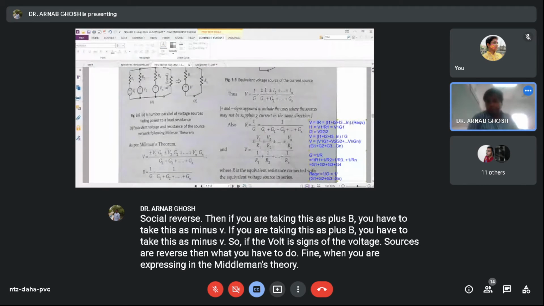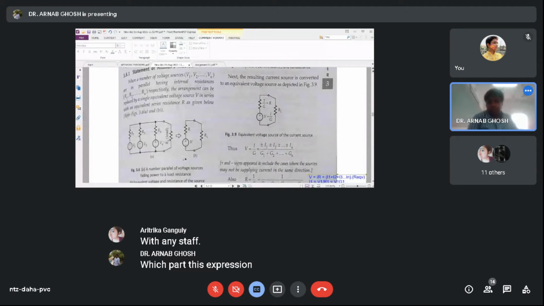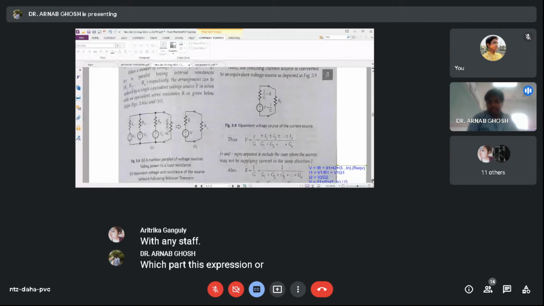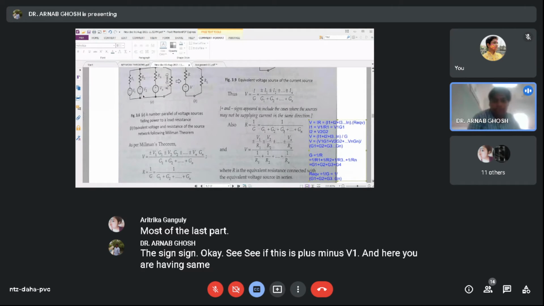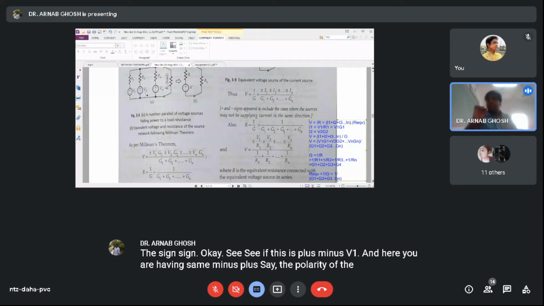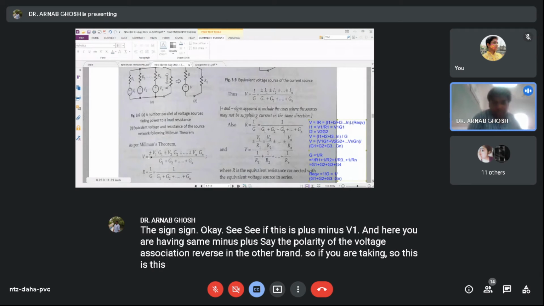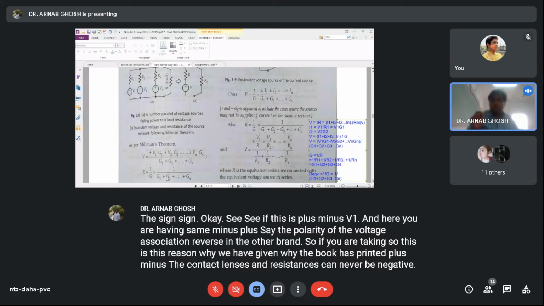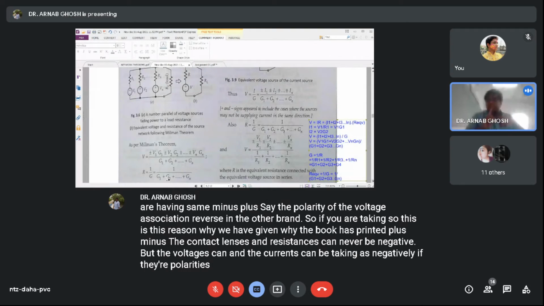Clear? So can you just repeat this part? Which part? This expression or the sign? Yes, if you revert. Okay, see, if this is plus minus V1 and here you are having say minus plus, the source has been reversed in the other branch. So this is the reason why the book has printed plus minus. This can never be negative, but the voltages can and the currents can be taken as negative if their polarities are changed and their directions are reversed.